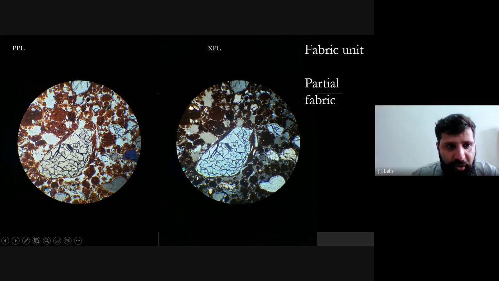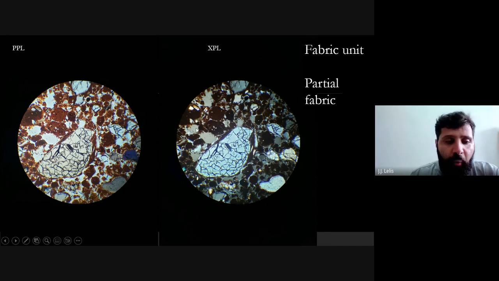So each coarse grain, each ped, each void, each pedofeature that we can see here is a fabric unit. Each body that can be seen individualized in the thin section is a fabric unit.